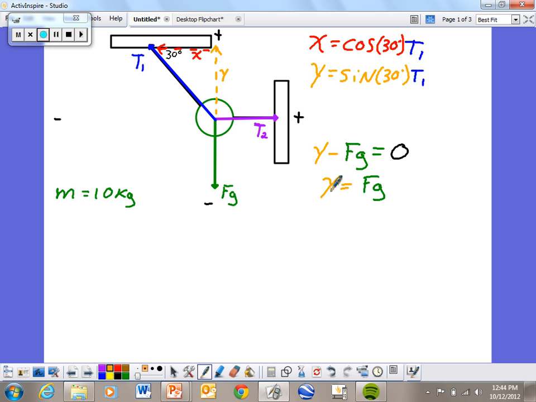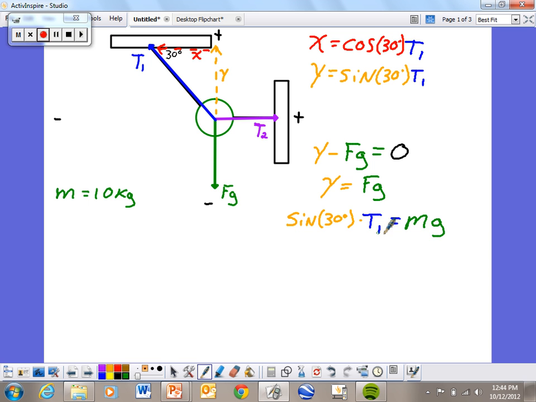So I can plug in. I already solved for what y is right here. So instead of y, I can write sine 30 degrees multiplied by T1, and that's going to equal my force of gravity, which we learned in class is mass times g, which is 9.8.